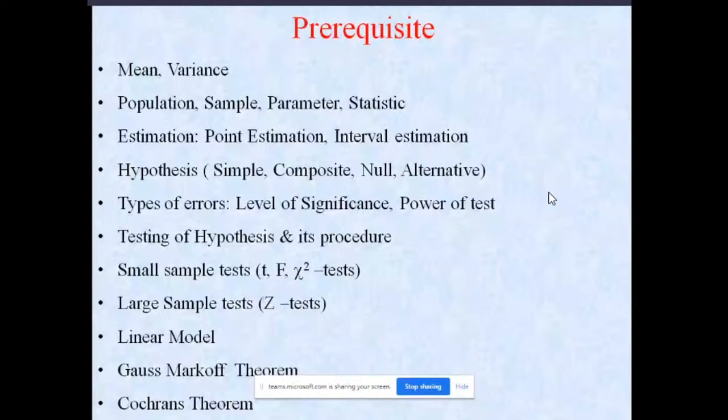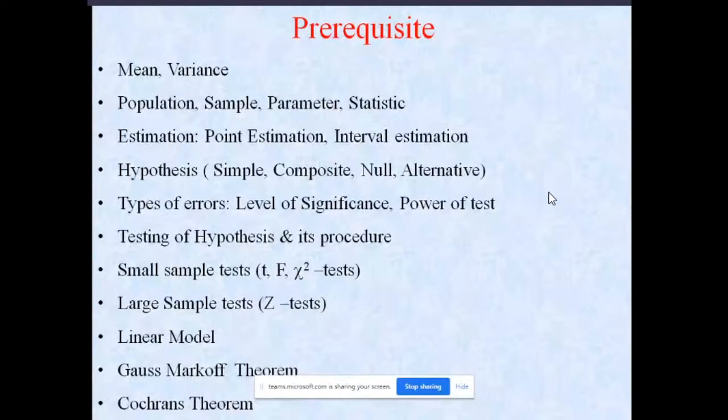That means the statement that you assume to be true, which you most favor as correct, that statement only we have to consider as the null hypothesis.